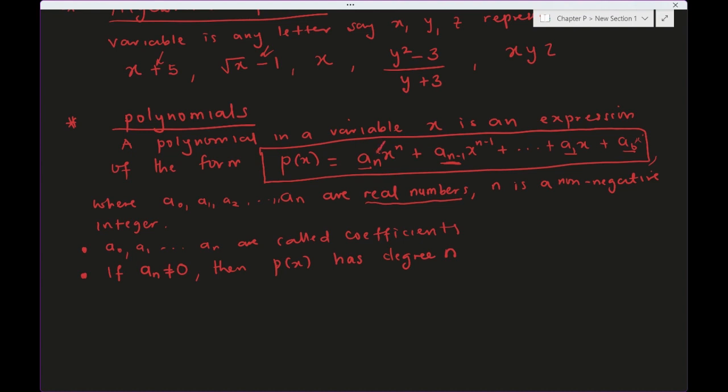So if your a_n here, which is this coefficient, is not equal to 0, then it means the highest power in the polynomial will be this n. So that n will be the degree of the polynomial.